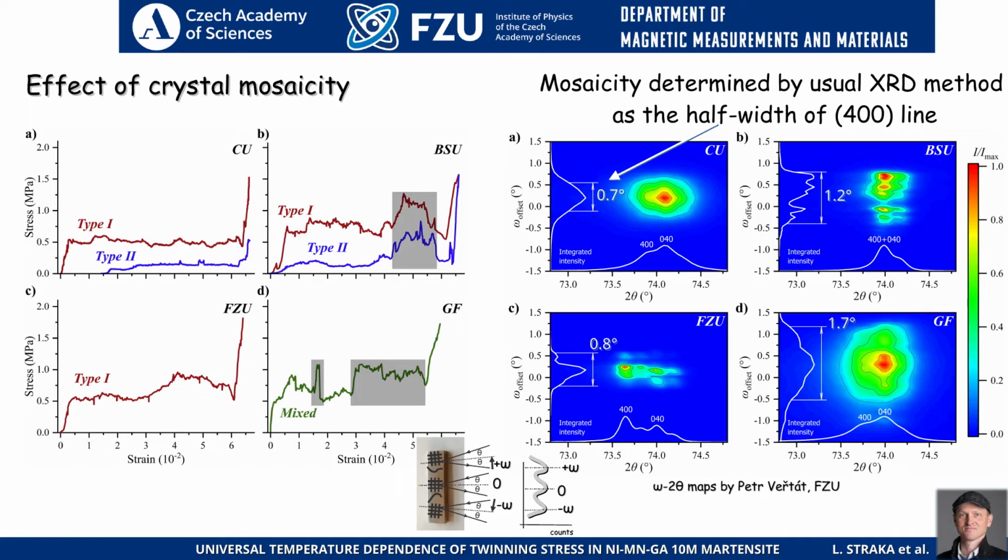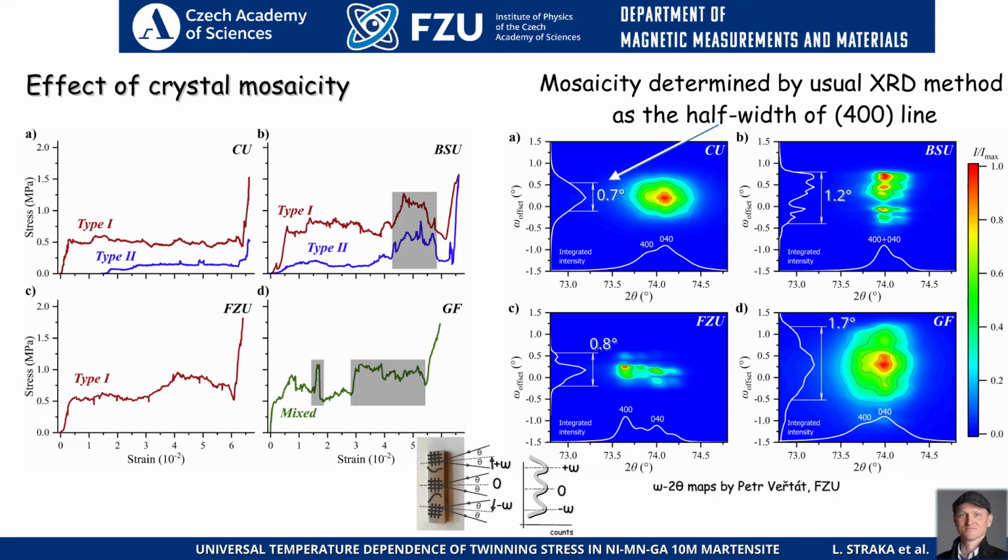The measurement is on the right, and what is important here is the vertical direction. The cut along the vertical direction gives the degree of mosaicity. So broader or more peaks along the vertical direction means larger mosaicity.